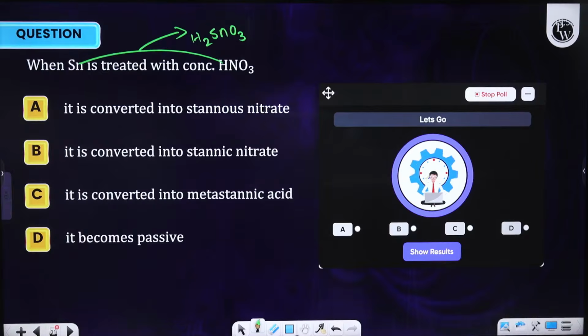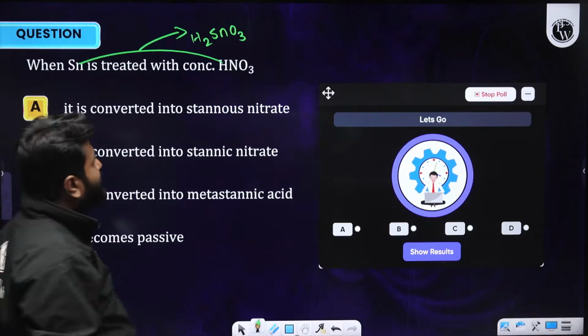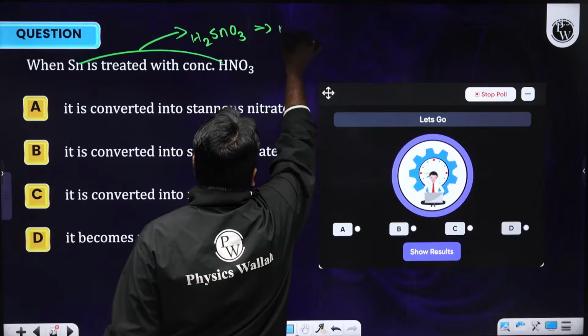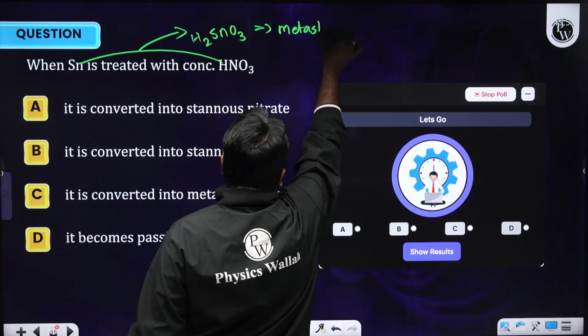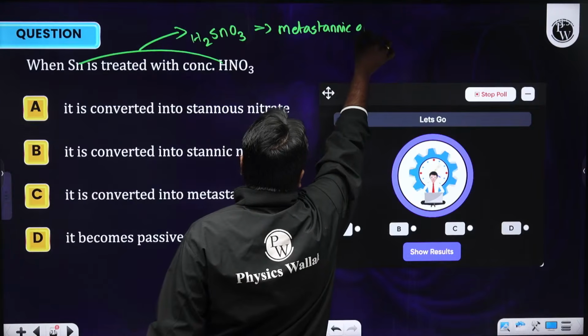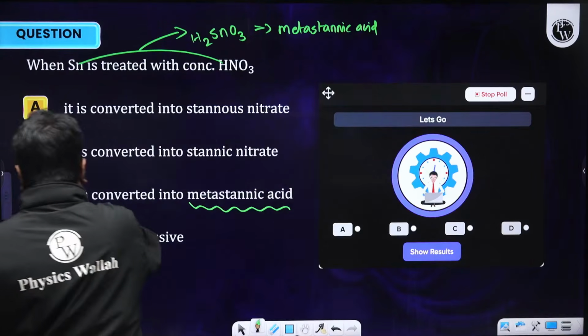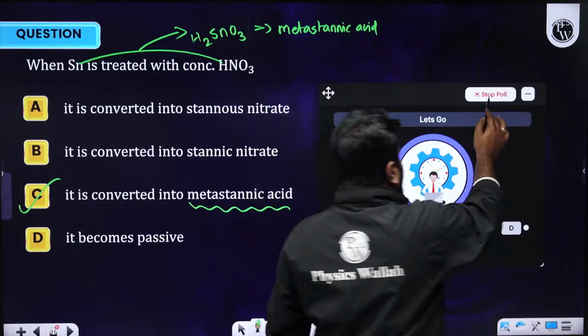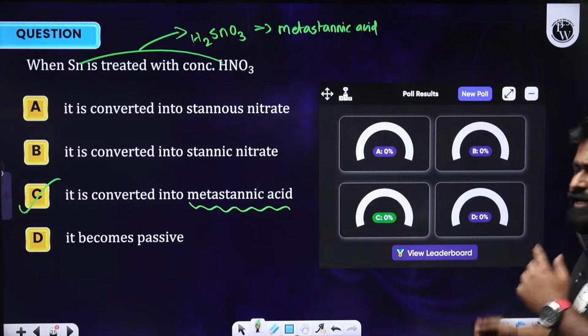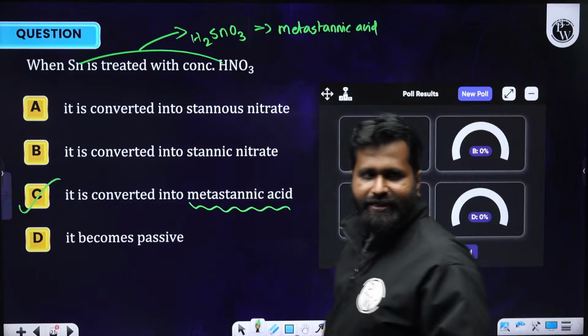What is the name of this, my dear students? H2SnO3 is called metastannic acid. So option C is the right answer.